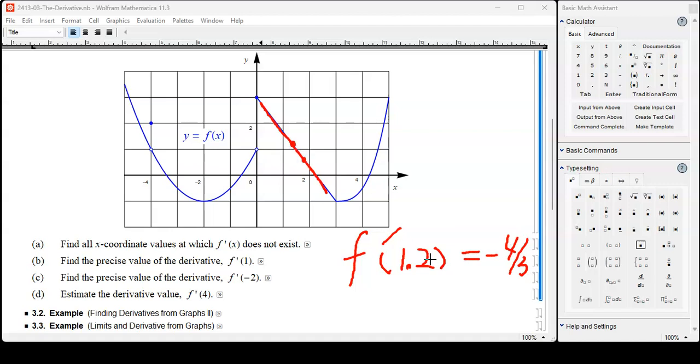No. How about some point like this, about 1.8? How about here, 2.5 or 2.8 or whatever. Anything between 0 and 3, we're going to have negative 4/3 because this itself is a line segment. All those kinds of things are clear, I hope.